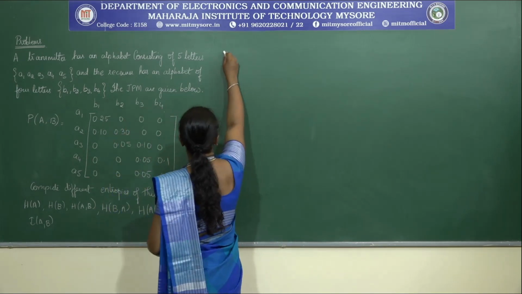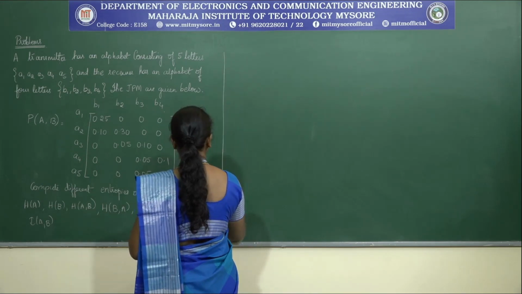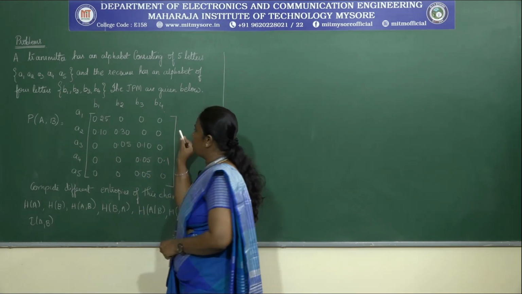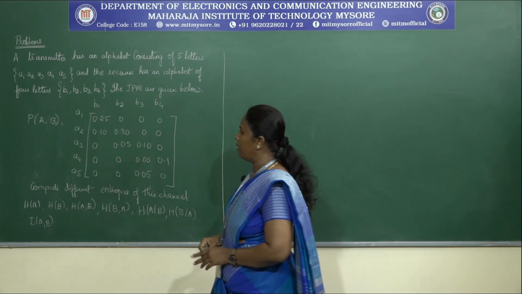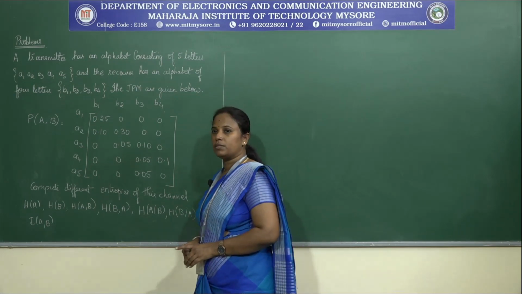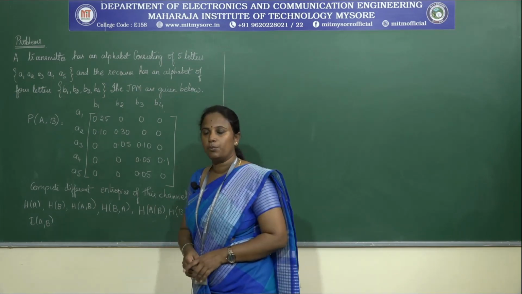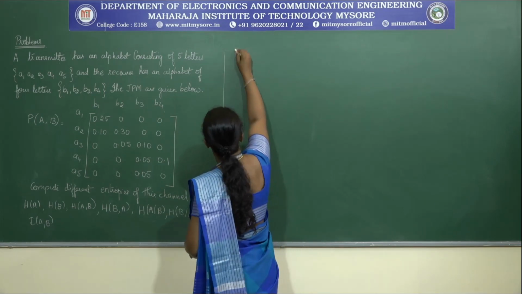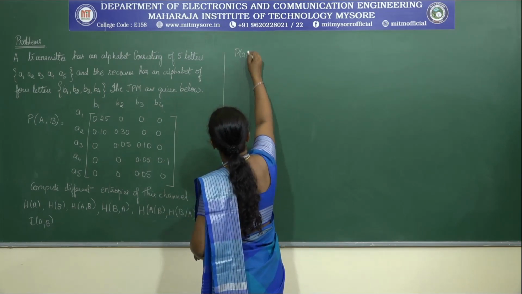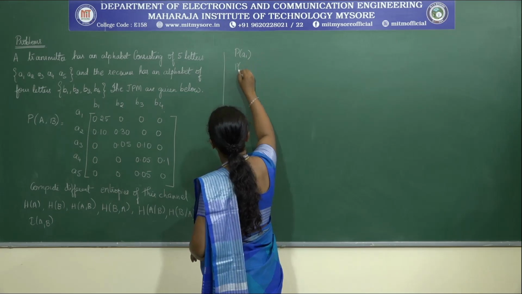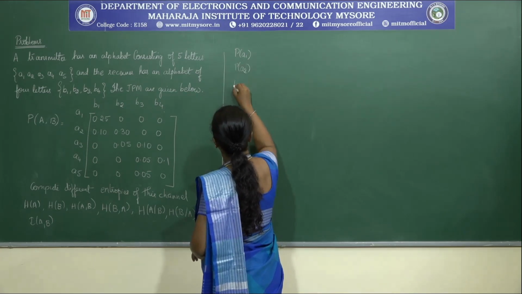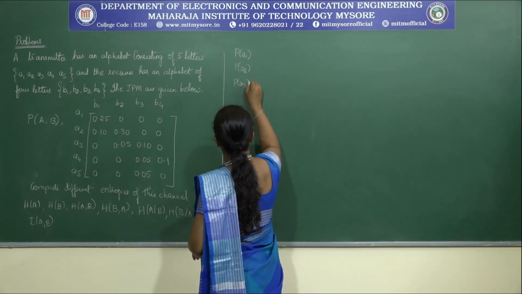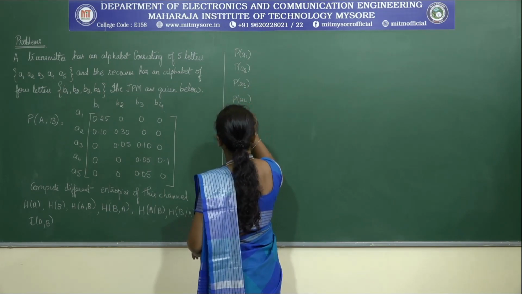The first step is to calculate the sums of the elements with respect to the input side as well as the output side. Input side means we need to calculate P of A1, P of A2, P of A3, P of A4 and P of A5.